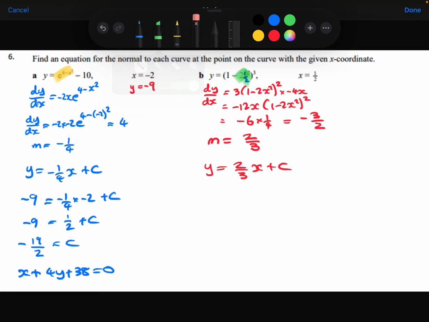Then 1 minus the 1/2. So 1 minus 1/2 is 1/2. And when I cube that 1/2, I get 1/8. So y is 1/8 when x is 1/2.